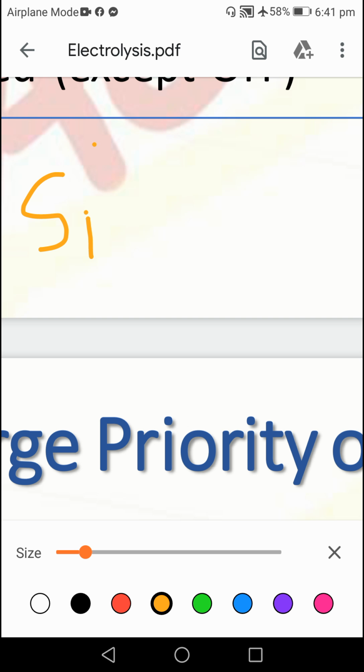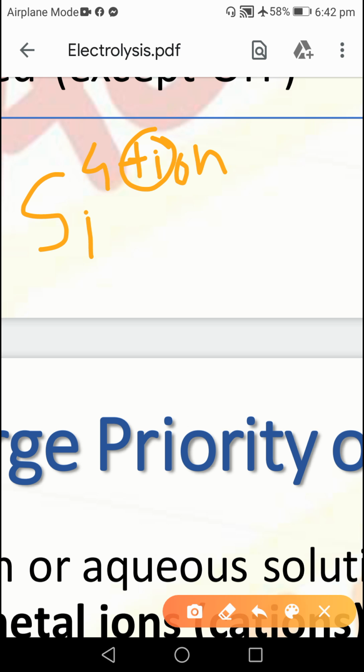Now let's talk about silicon 4+. It's a plus ion, and remember the plus ion means a cation. RED CAT means reduction of cations, and reduction means gain of electrons. How many electrons are lost or gained? It will be equal to the charge.